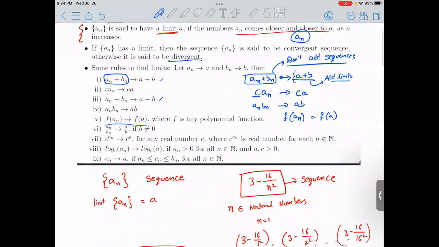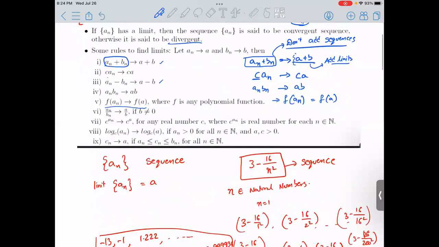Everyone is clear with this? Clear till now, or do you still have some doubts? Clear, sir. Coming to the same thing, the sequence an by bn tends to a by b. Remember, b should not be equal to 0.